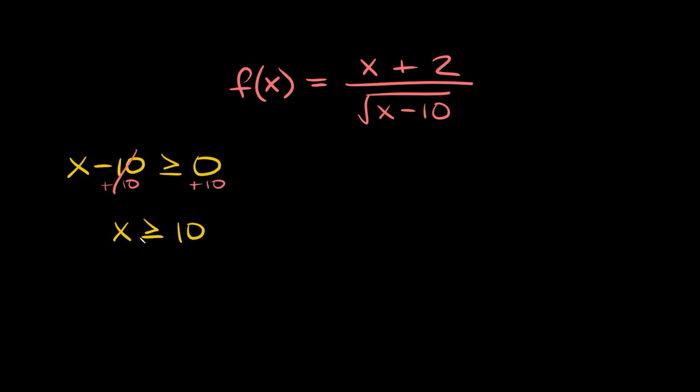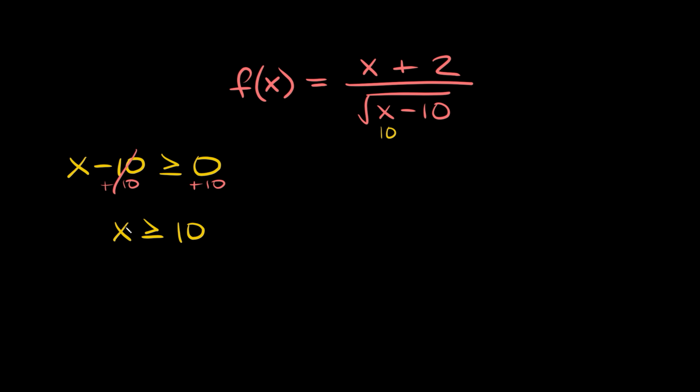Any value that we plug into this square root has to be greater than or equal to positive 10. Now, the other thing we have to be careful about is making sure this square root doesn't equal 0, right? So what number would we have to plug in for x that would make this equal 0, because it would make the denominator of the whole fraction equal to 0. Well, that would be a 10, right, because 10 minus 10 is equal to 0, and so then the square root of 0, again, is equal to 0.